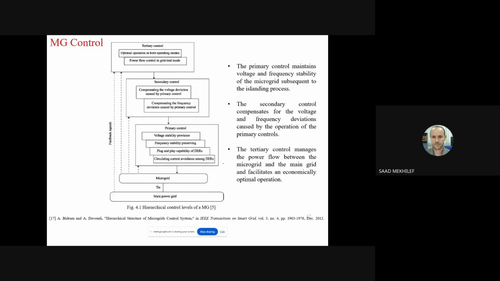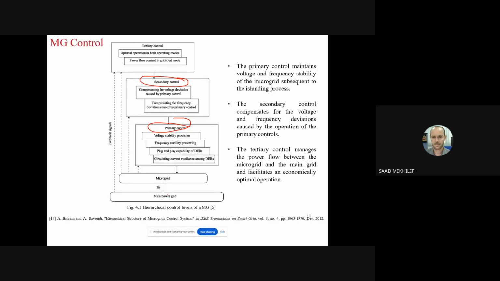So as I said just now, for the control of microgrids, we have 3 levels of control. We have the tertiary control, which controls the optimal operations in both operating modes, then the secondary control, and then the primary control, which is responsible for voltage and frequency stability.